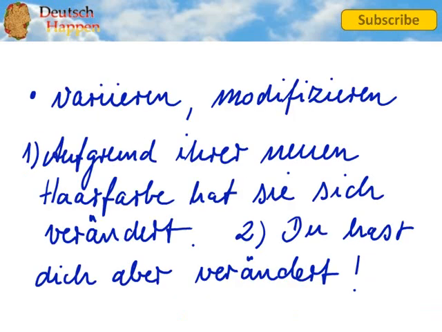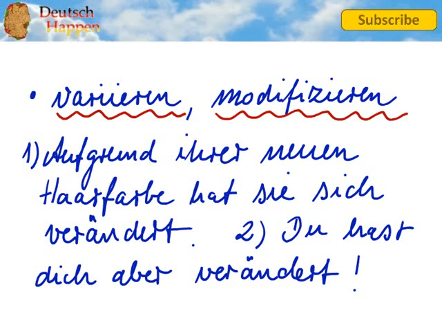Now off to the next one, verändern once again. As synonyms, I think these two over here are the most appropriate ones: variieren oder modifizieren. So it is also a change in opinion, in look, in appearance, but the entity is still given.